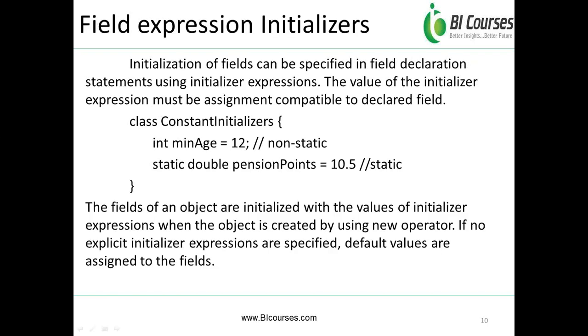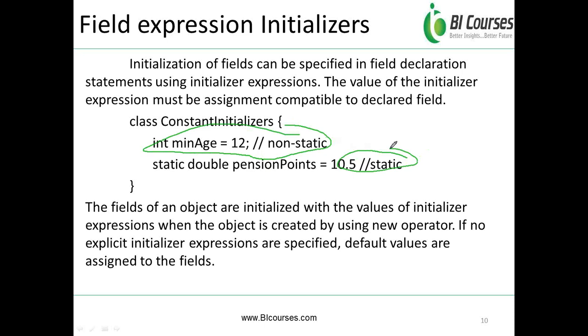Field expression initializers. Initialization of fields can be specified in the field declaration statement using initialization expressions. The value of the initializer expression must be assignment compatible with the declared field. Here, final int MINIMUM equals 12 and static double PENSION_POINTS equals 10.5. The first one is a non-static initializer, whereas this is a static initializer.